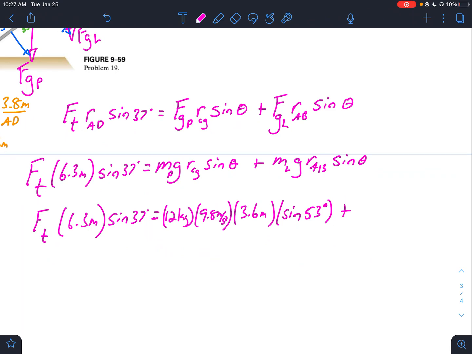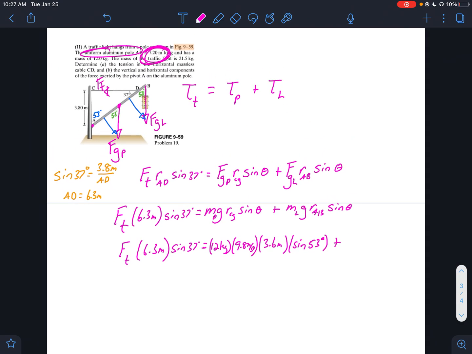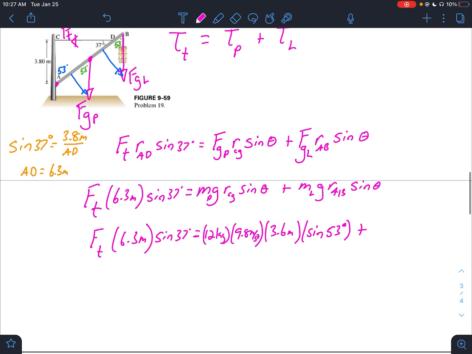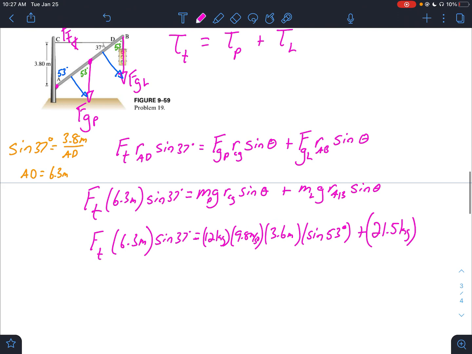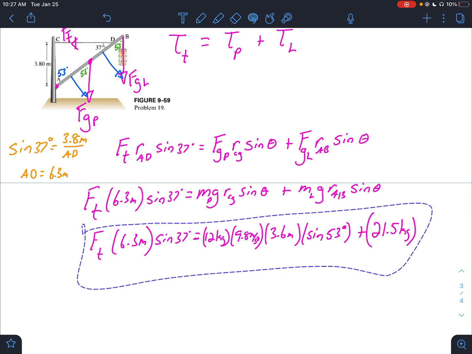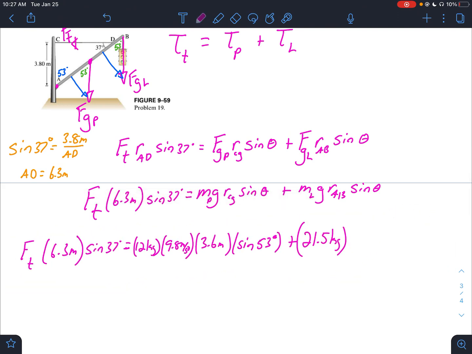And we're almost done. So with the mass of the light, 21.5. And I'm going to run out of room. Radius AB is at full pole.